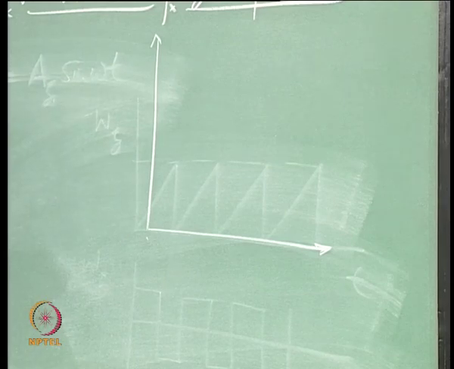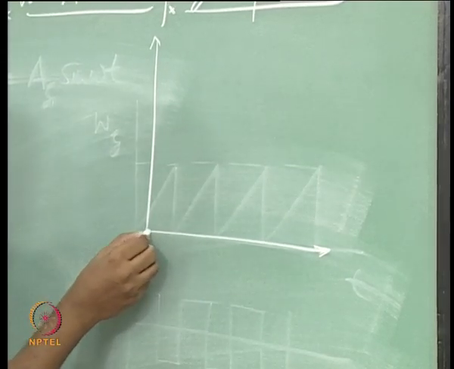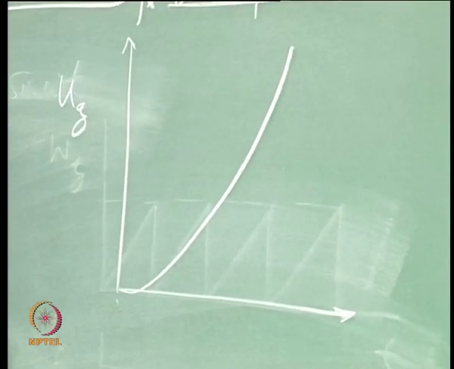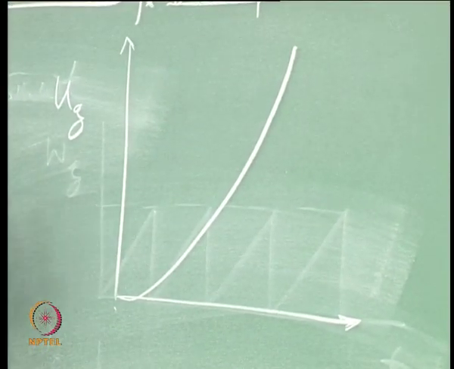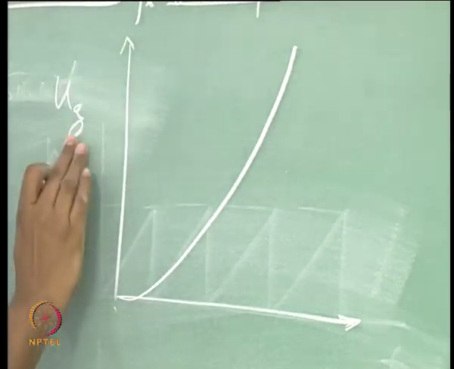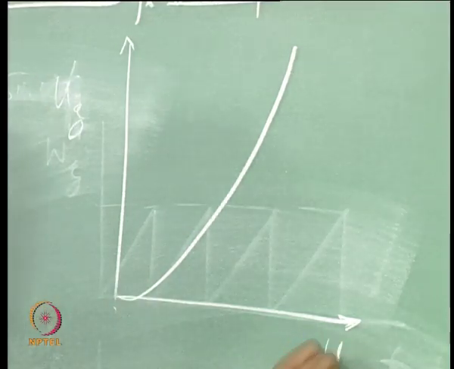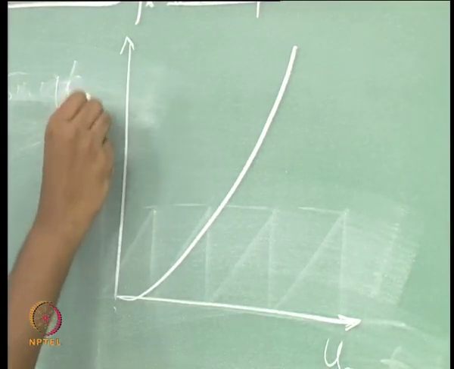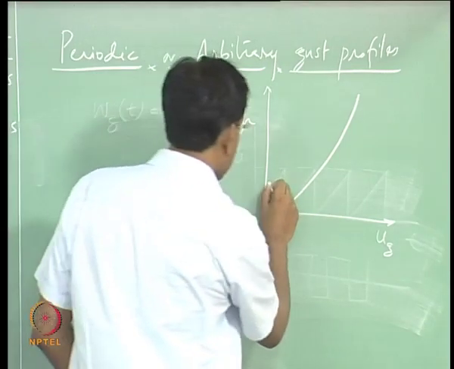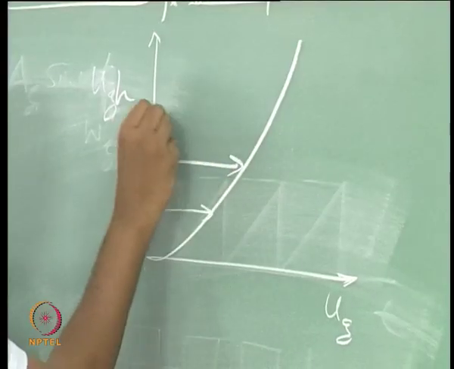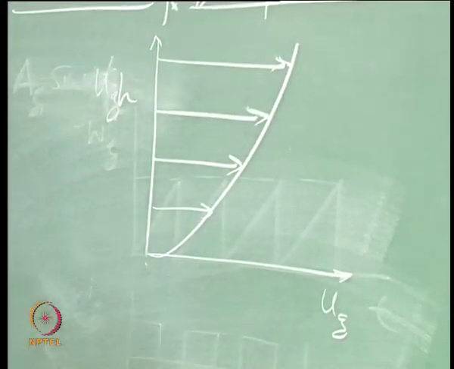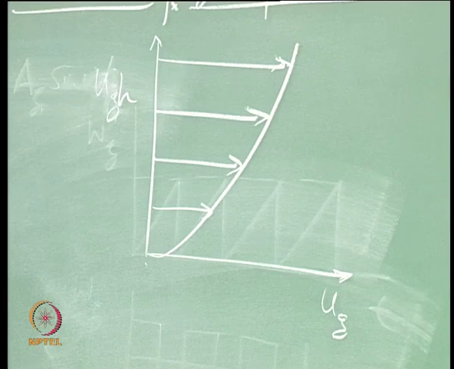So, if you want to look at one such profile, let us say we are looking at U_g with respect to, let us say, height, right. So, this is how the horizontal wind is changing with height.